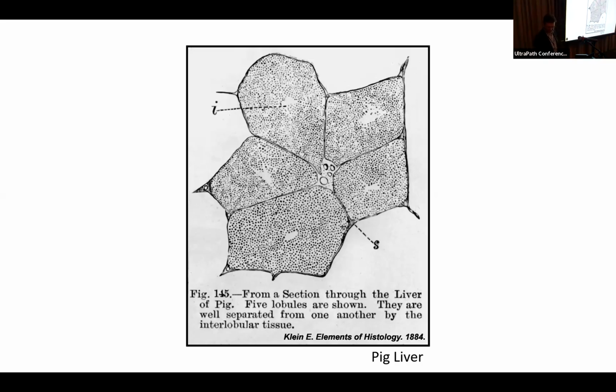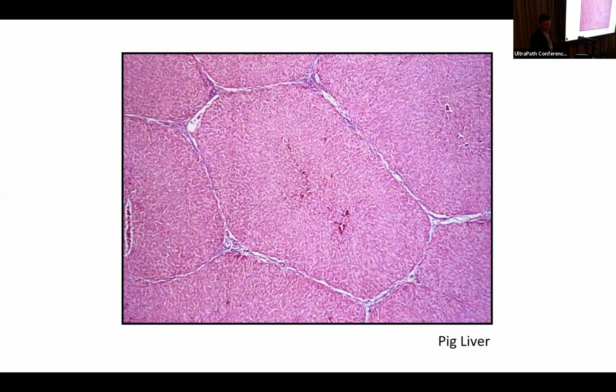That made it somewhat simpler, because here the hepatic lobules are clearly defined by fibrous septae, not to be confused with the hepatic lobes. The lobule is the structural functional unit. So this would be an H&E of what a pig liver might look like. Fairly easy to understand that.